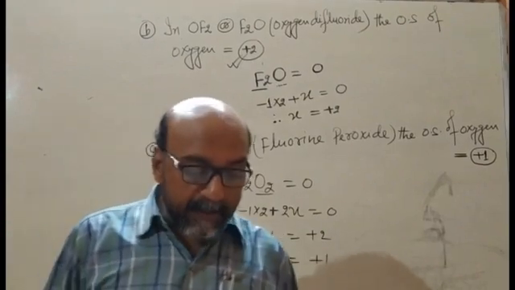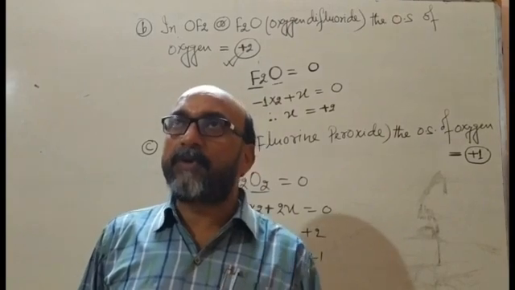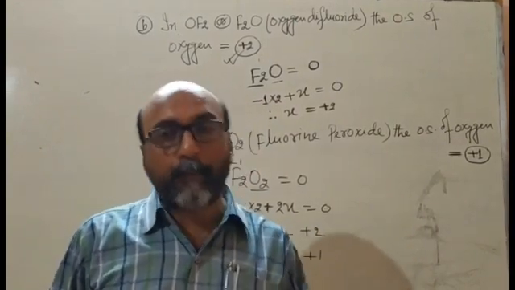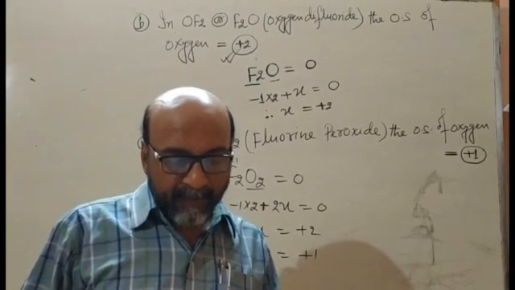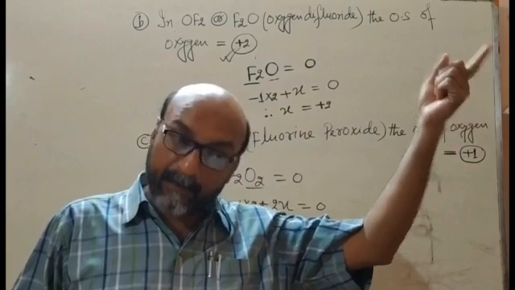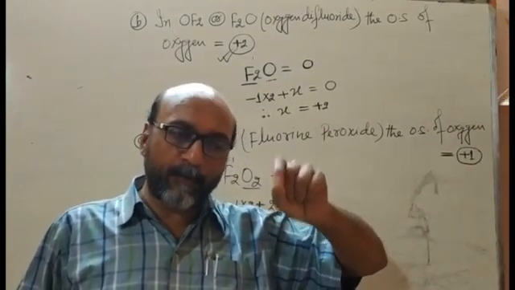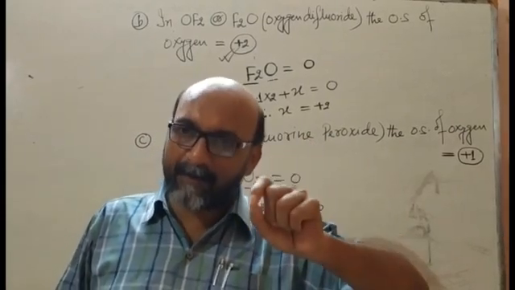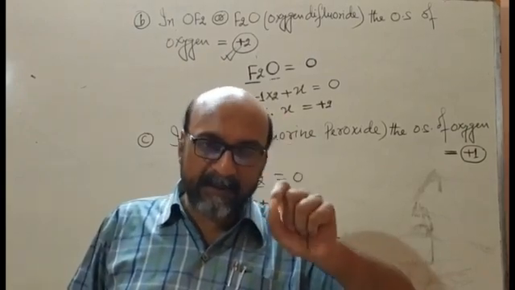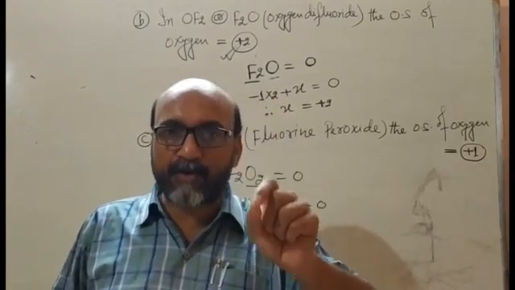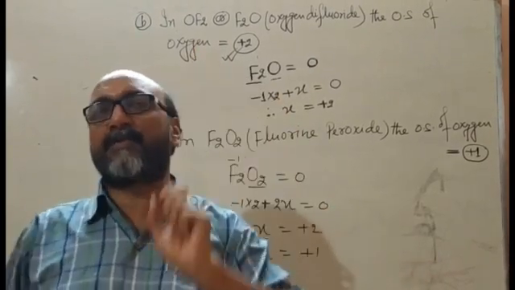And there is one more exception which we have to discuss: superoxides. We have learned alkali metals. The metals which are kept in group 1A of the periodic table are called alkali metals: lithium, sodium, potassium, rubidium, cesium and francium.